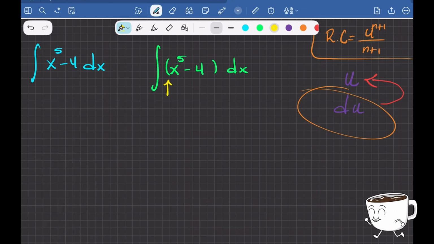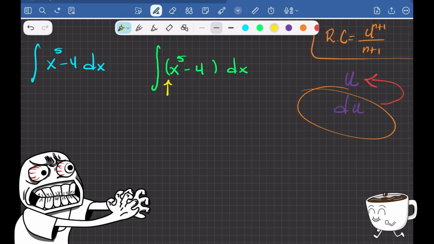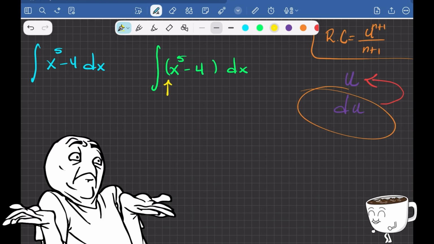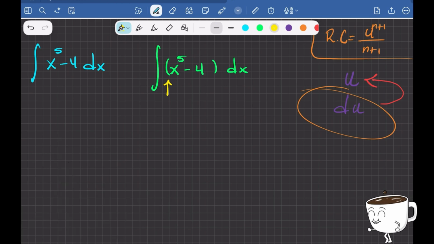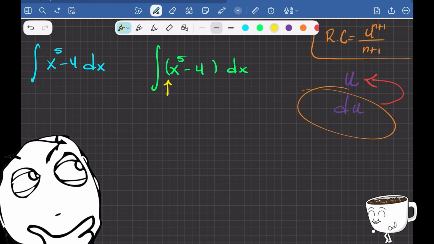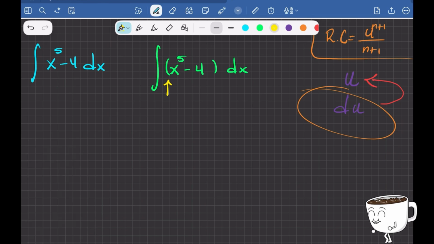In this case, what we can take into account is that as long as we have a subtraction, in this case x to the 5th minus 4, as long as we observe x to the 5th and have a sum or a subtraction of some other number or some other variable, this plus or minus sign allows us to separate this integral into parts. In how many parts?